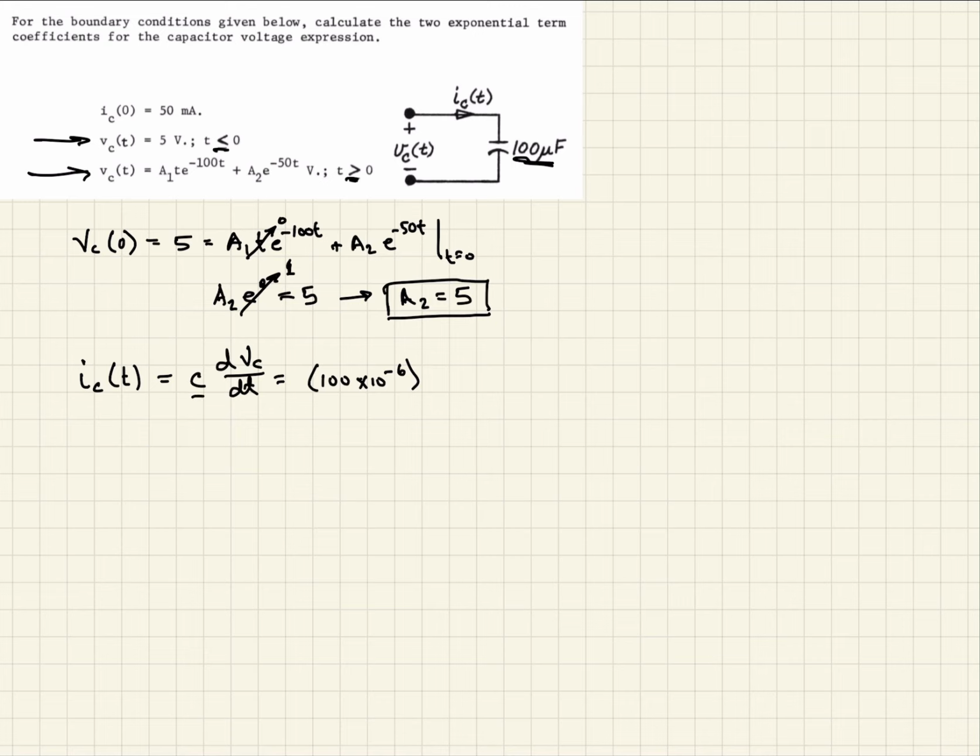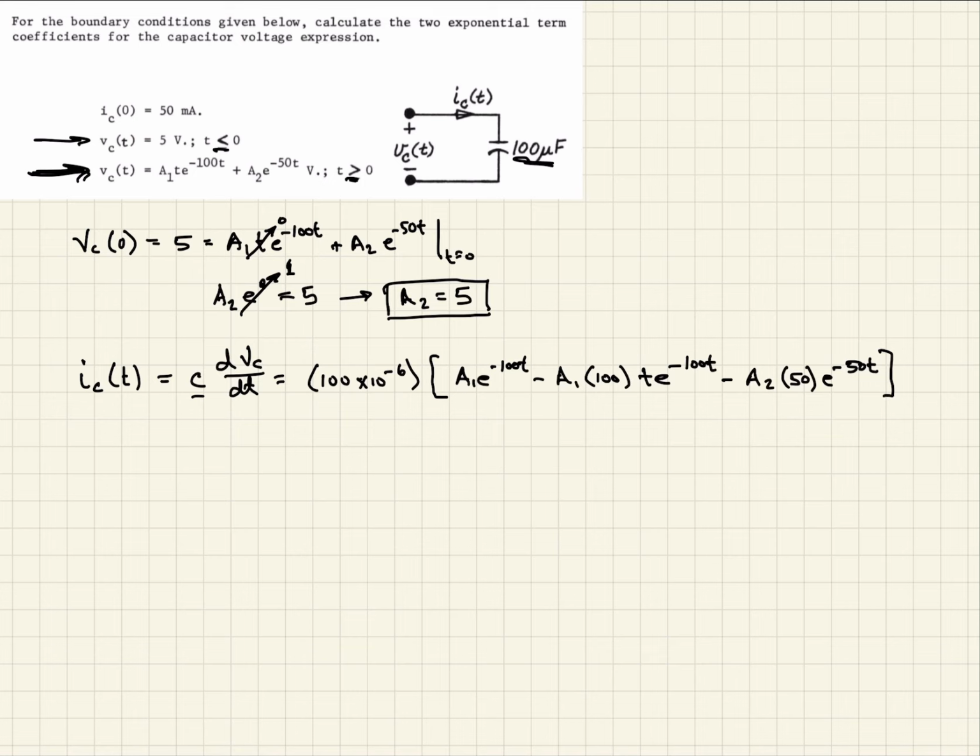Then that's times the derivative of this guy with respect to t, which we should be able to do by observation. So it's going to be A1 e^(-100t) minus A1 times 100 t e^(-100t). This is just the chain rule. And then minus A2 times 50 e^(-50t).